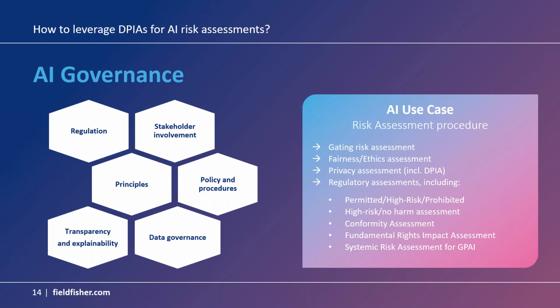There are a few things to consider in relation to your AI governance framework and the risk assessments that you will carry out. So I'll take each of these elements in turn. You will need, first of all, to set out procedures in order to carry out these assessments and in order to assess risk of the new AI use cases that you are intending to roll out within your organization.